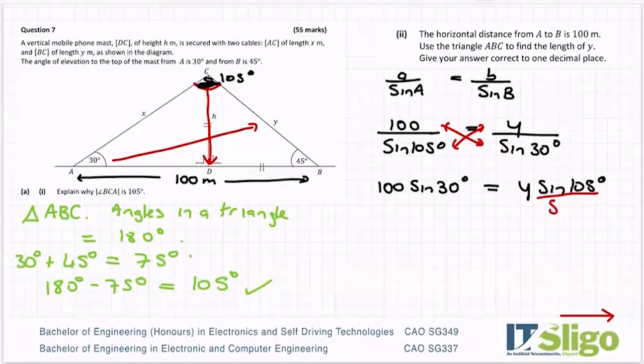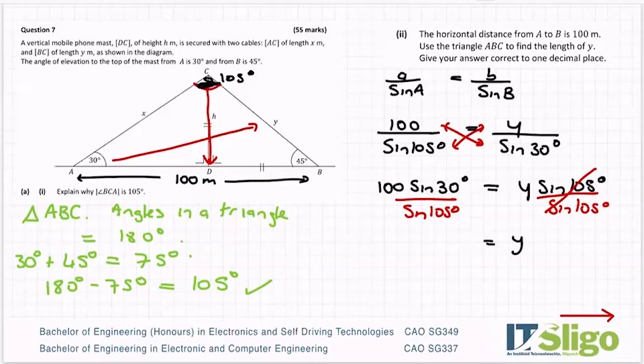So let's divide both sides by sine 105 degrees, because that's just a number, whatever it is. And enter my calculator. So let's hit the fraction button and go 100 sine 30, close your bracket, over sine 105, close your bracket. Ooh, and I got a lovely third.